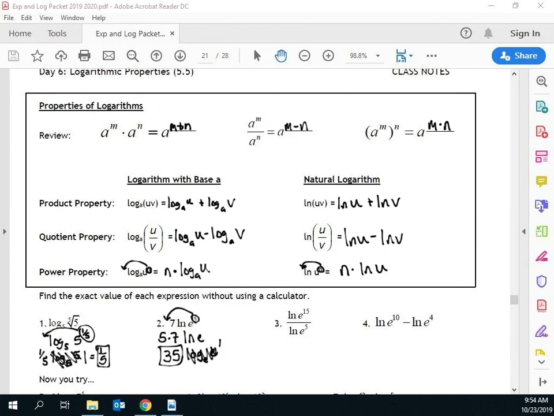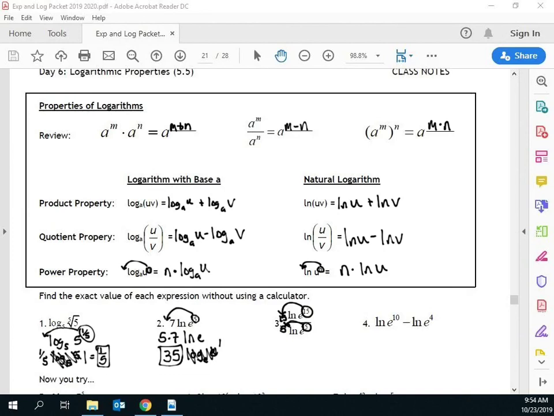Again, base and argument, if they are the same, then it goes away or it's 1. All right, what happens to 15 and 5, guys? Be careful. Move to the front. Guys, move your exponents.